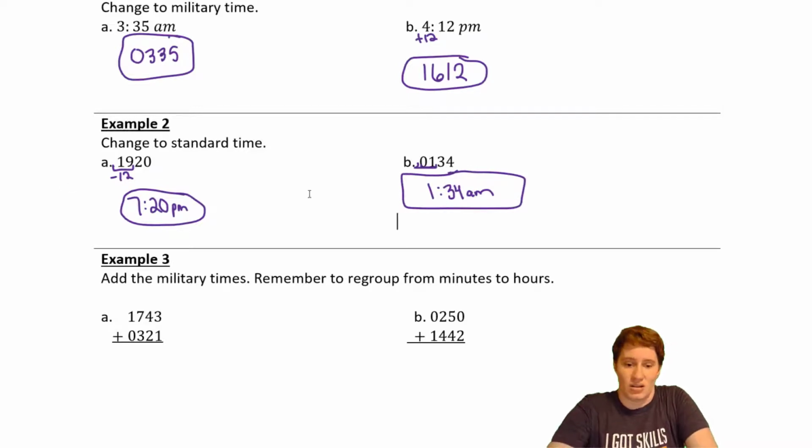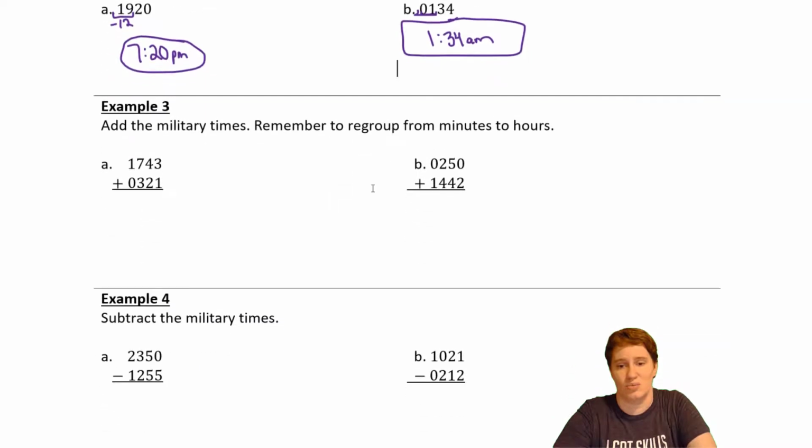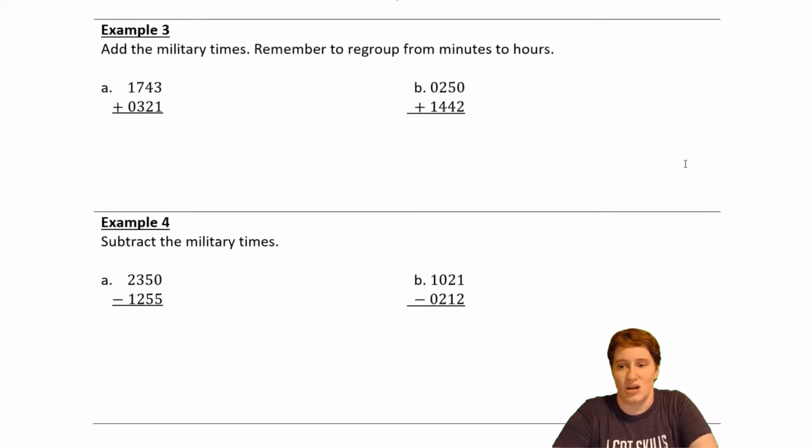Now, let's look at what might happen with adding or subtracting military times. We are going to have to regroup or borrow just like we normally do, and it's very similar to what we do with standard time.